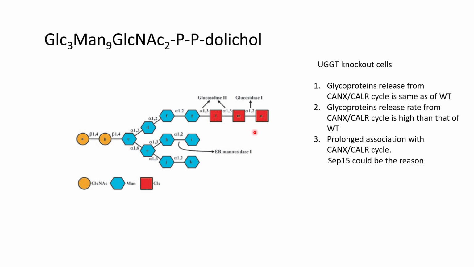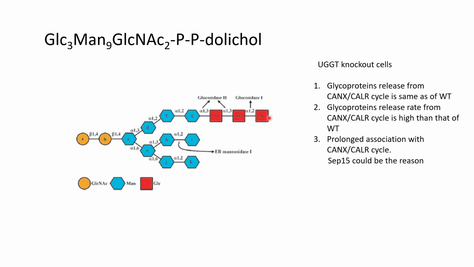It has been understood that the first glucose is removed by glucosidase 1, and the second and third glucoses are removed by glucosidase 2. However, an in vivo experiment in a specific condition shows that glucosidase 1 alone is not able to remove this glucose.